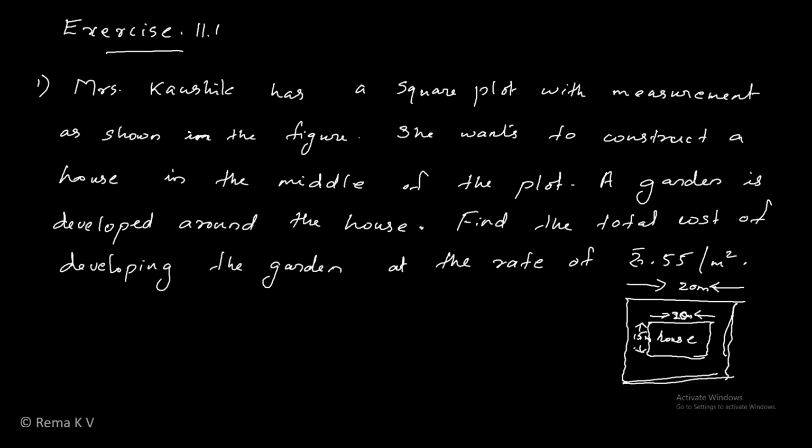So length is 20 and the breadth is given as 15 meter. A garden is developed around the house. So the remaining area of this plot is to be developed as a garden. Find the cost of developing the garden at the rate of rupees 55 per meter square.